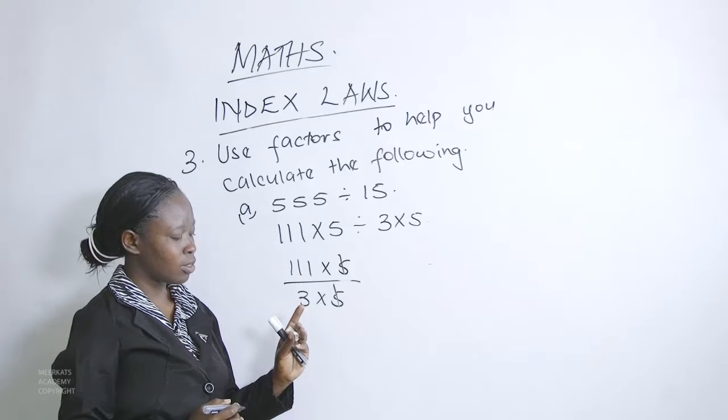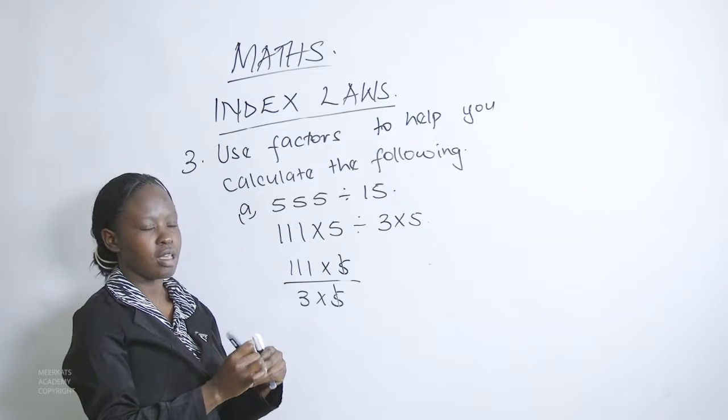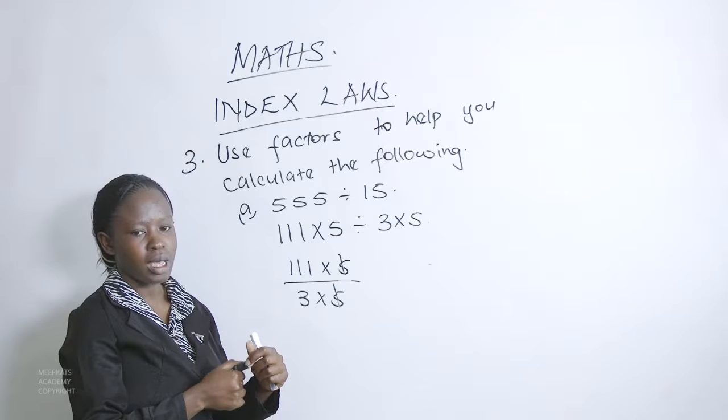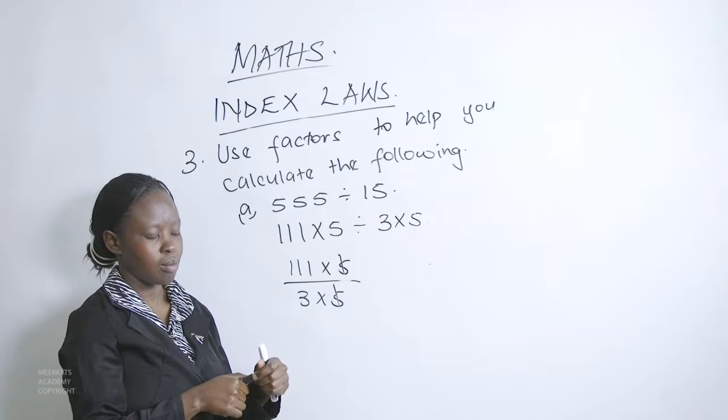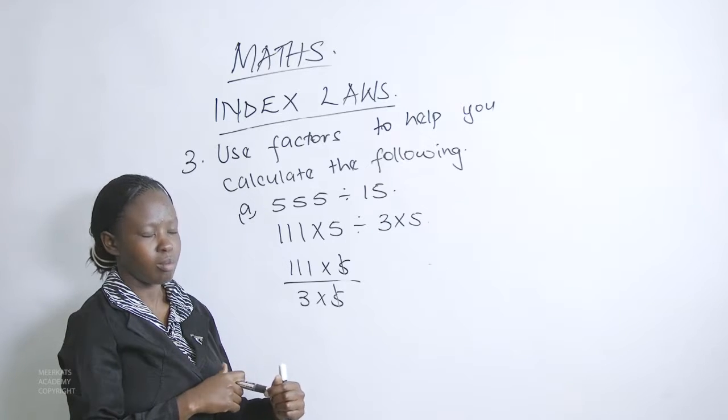We just looked at the divisibility test earlier, and we discovered that for a number to be divisible by 3, you simply add the digits that make up the number. If the sum is divisible by 3, then the number is divisible by 3.